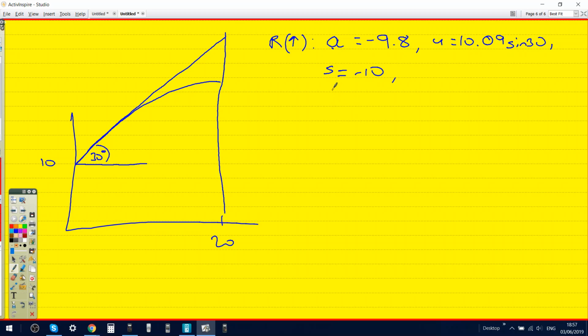Why is it minus 10? We're trying to find the time that it crosses here, and at that point the displacement would be minus 10, because the wall is on the floor.